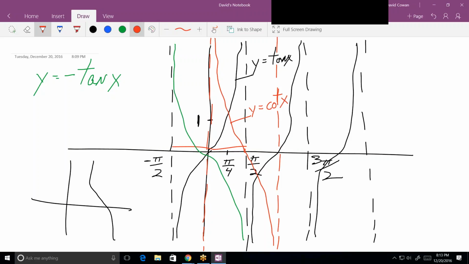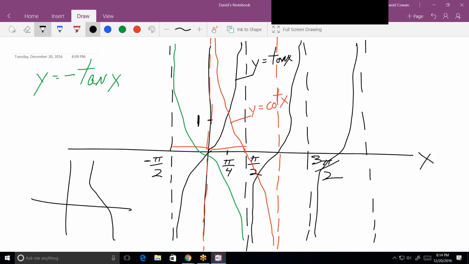So the only difference between the cotangent curve and the minus tangent curve is where it's at on the x-axis. In other words, if my green curve comes between minus pi over 2 and plus pi over 2, that means it's not a cotangent curve, it's a negative tangent curve.